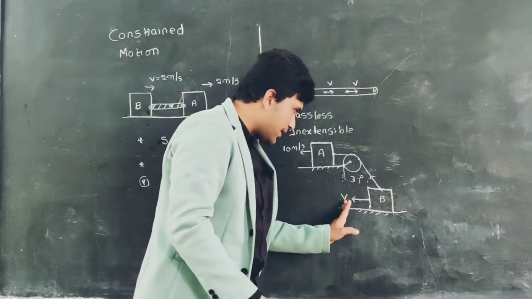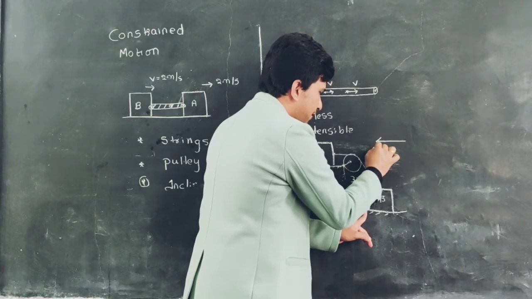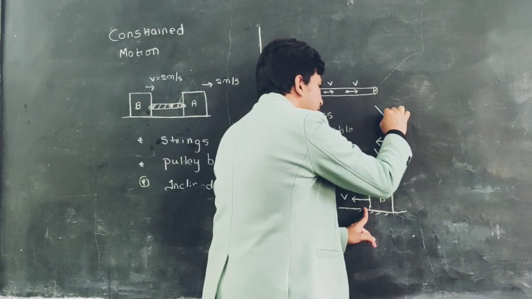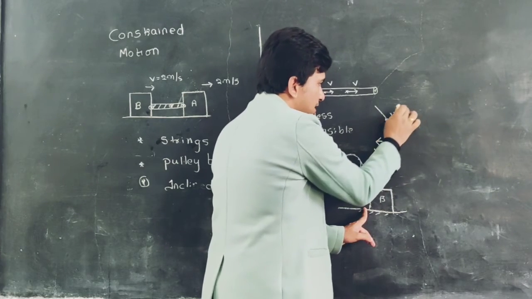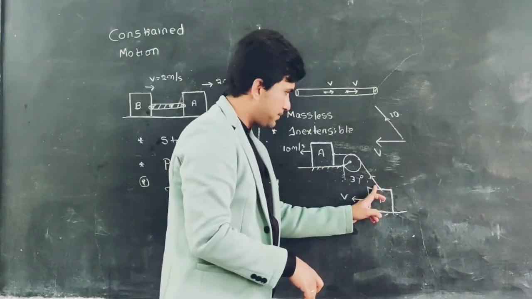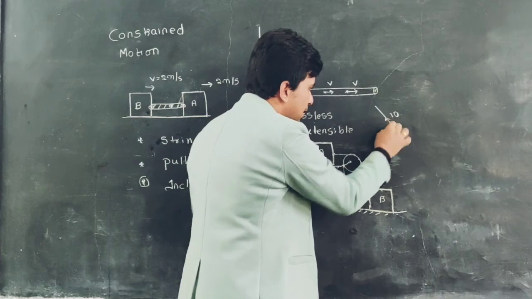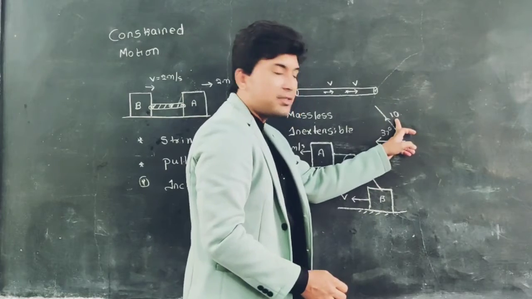There is a velocity V, and the requirement along the string in this direction is 10. How you got this 10 is due to the constraint: the velocity along the string should remain the same. And this angle is 37 degrees. V is the actual velocity, and the velocity in this direction should be 10 meter per second.